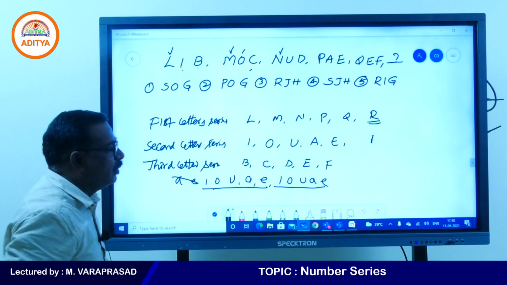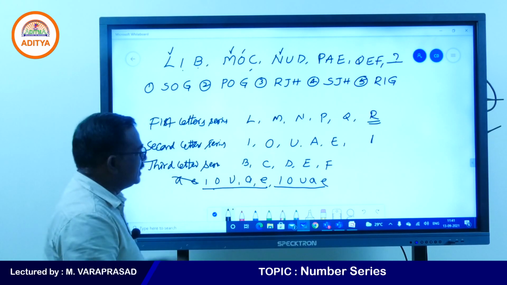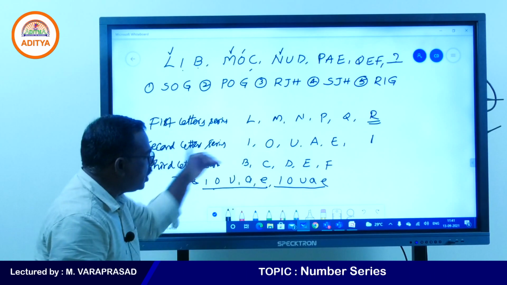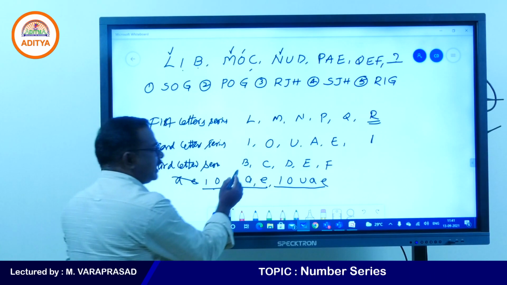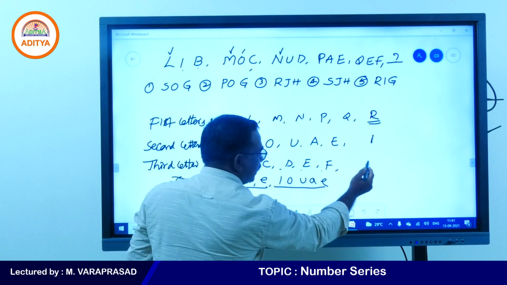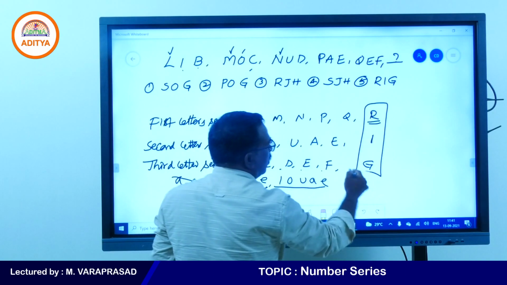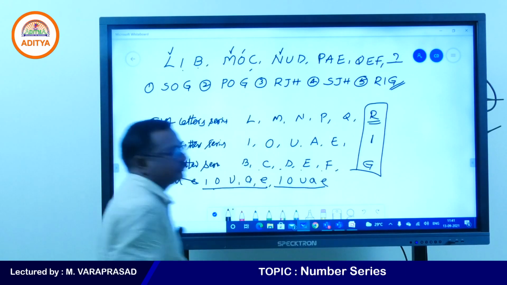There is no break. The first one, consonants, is taken. The second one, vowels, is taken. The third one is taken continuously, and you will get G. So R, I, G is what you get, option number 5.